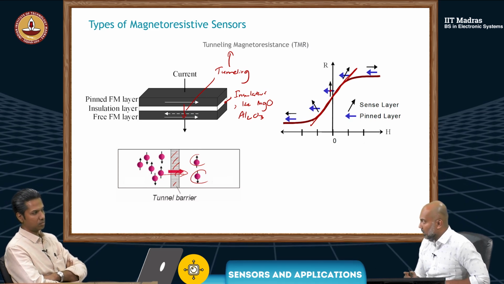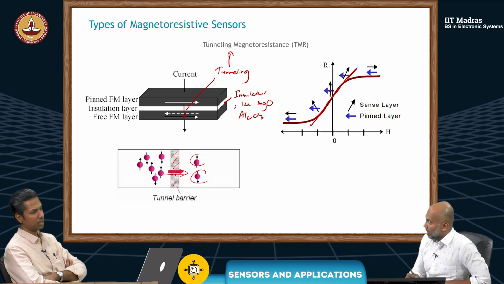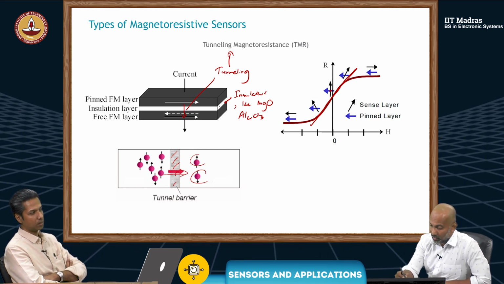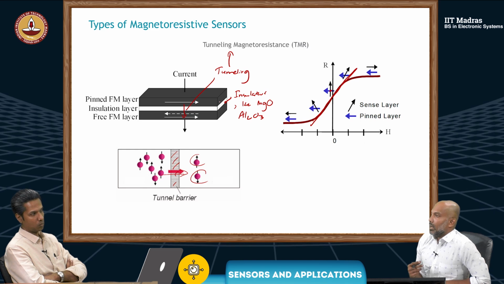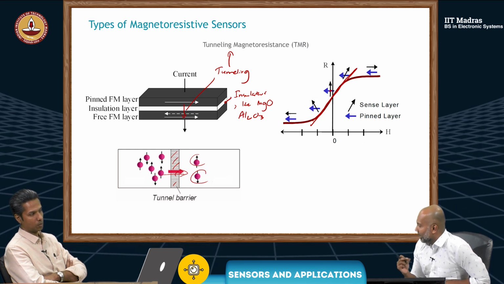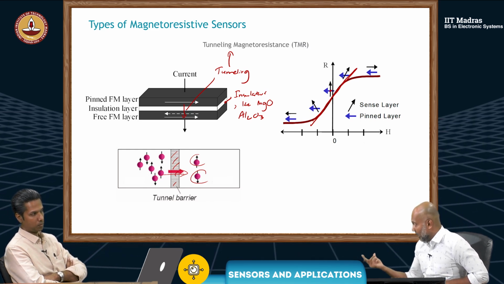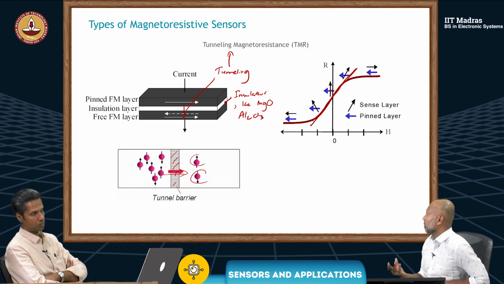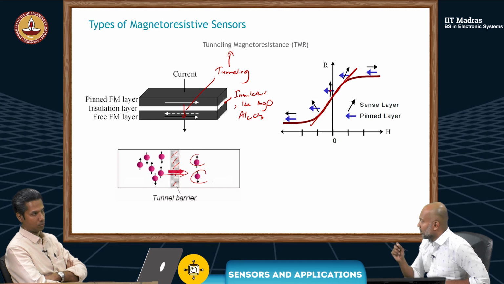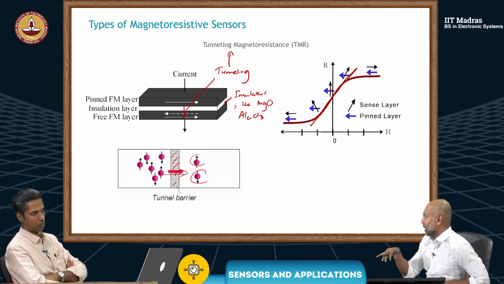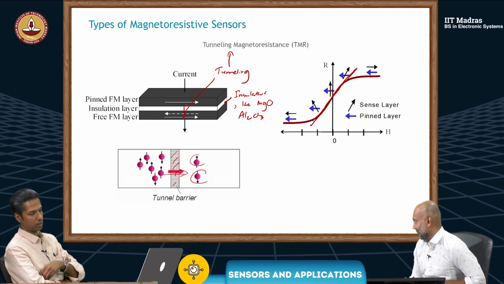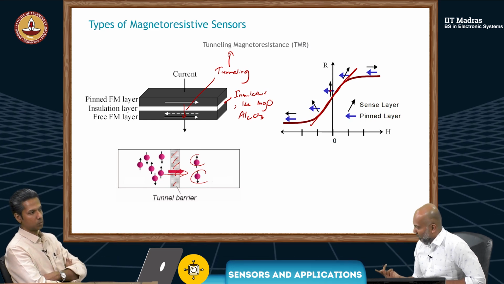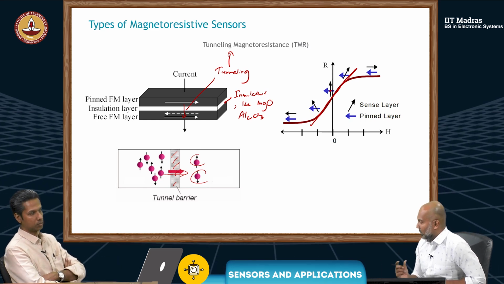Yes, that is one reason. This is an insulator, and it has to be a very thin insulator, so first of all you have a fabrication challenge. Plus, this insulator should also be pinhole free. If you have some small holes, then electrons are going to tunnel through regardless of your magnetization. So from a fabrication point of view, it's quite challenging.